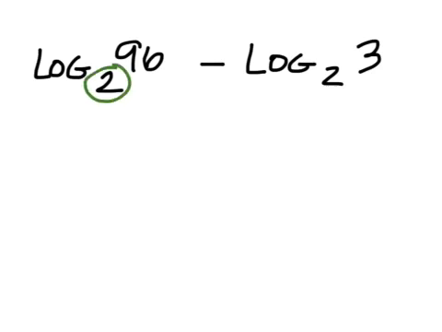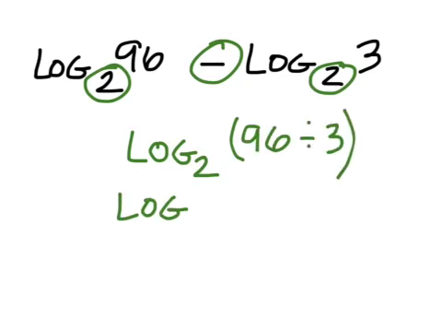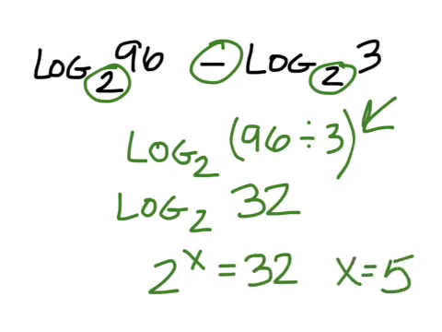And for this one you have the same base. It's subtraction, so log base 2 of 96 divided by 3. Log base 2 of 32. Once you get it down to a single number, you can drop the parentheses. And then 2 to some power equals 32. What is that? 5, yes.